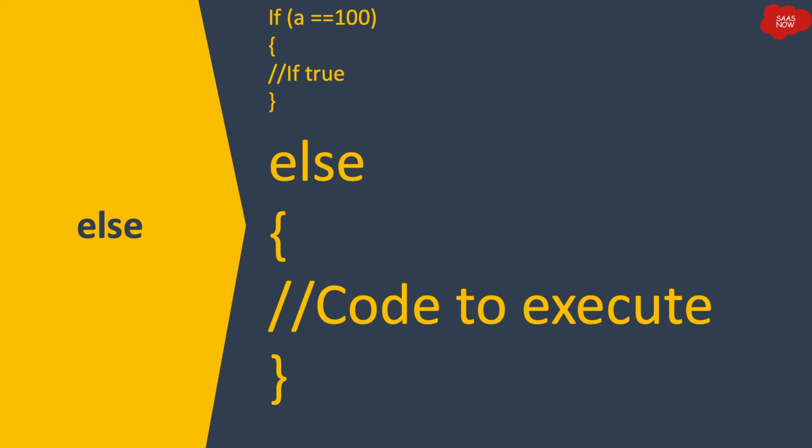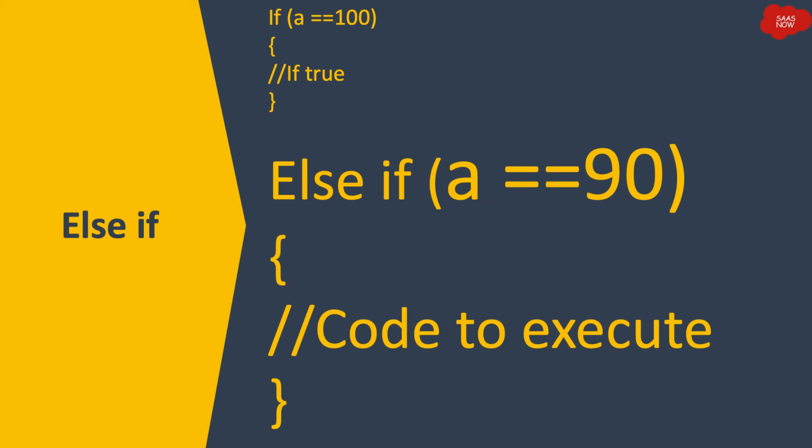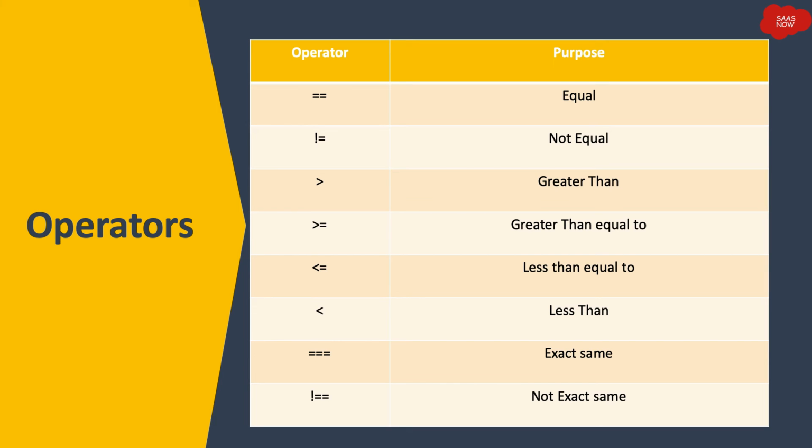You can also use else if, where you can put another condition and the code which you really want to execute. In order to do comparison in conditions for if and else if, there are different operators used in JavaScript.